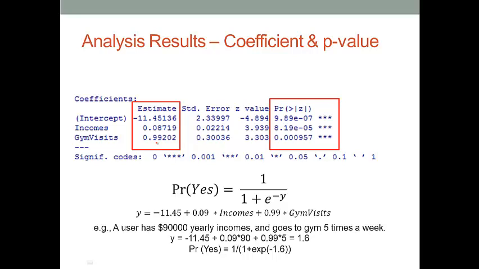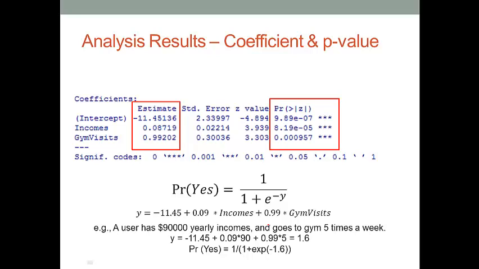After you get a customer, you want to ask this customer 2 questions. How much do you make every year? How many times you visit gyms every week? So when she gives you 2 answers, you can plug in those numbers into the y equation. Let's say a customer can make $90,000 a year.